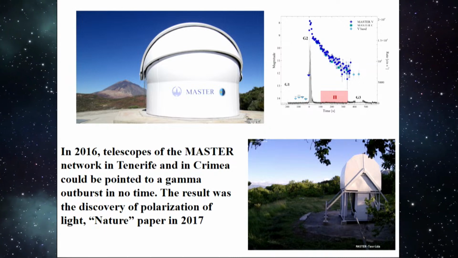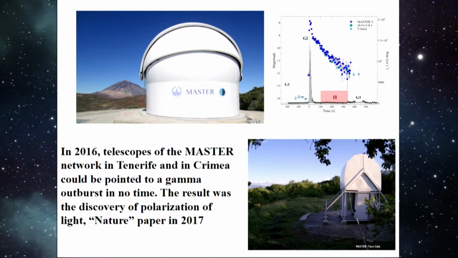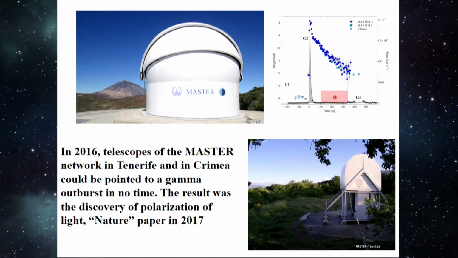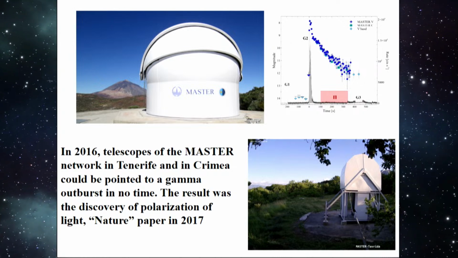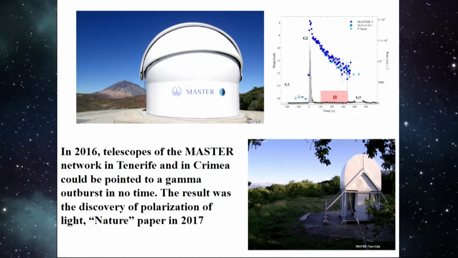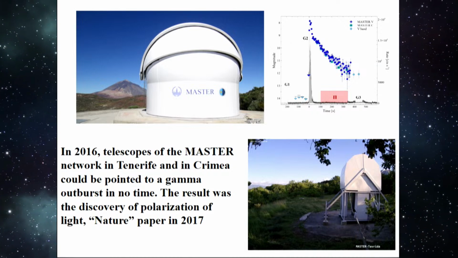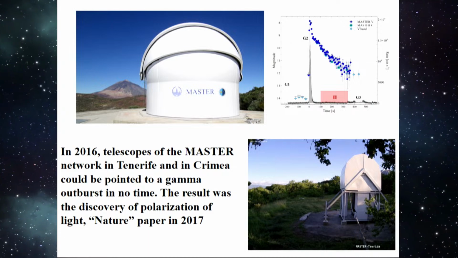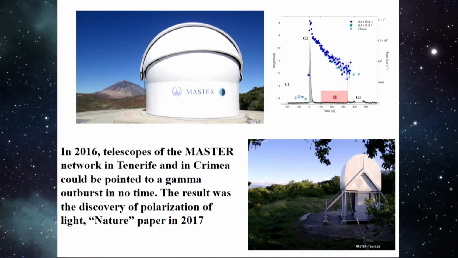This picture shows the MASTER telescope at the island of Tenerife, near the mountain of Teide. In the background, it's my photo. And the photo to the right shows a telescope of this network in Crimea.